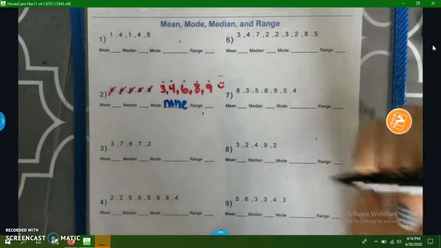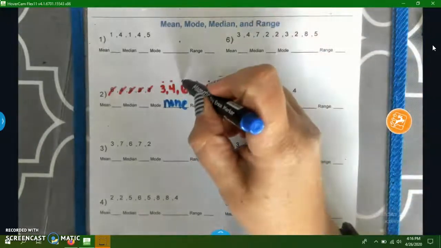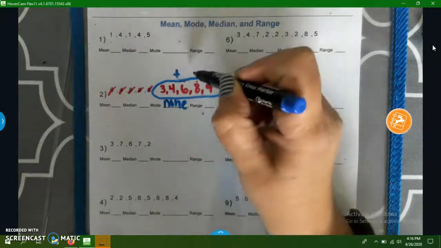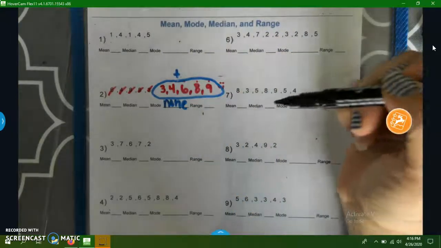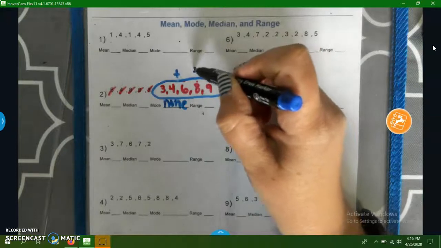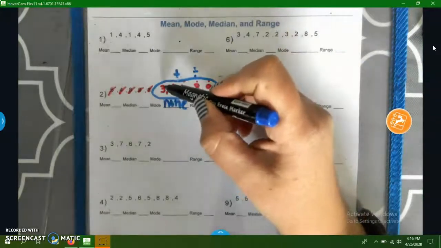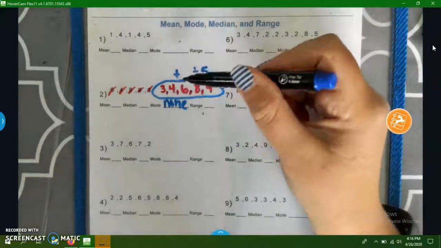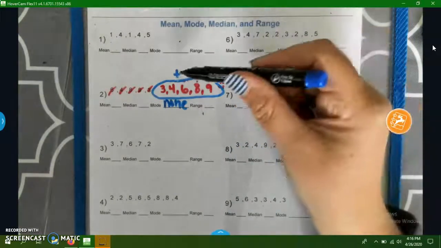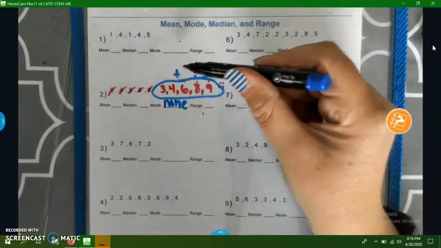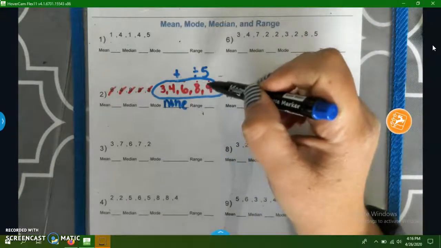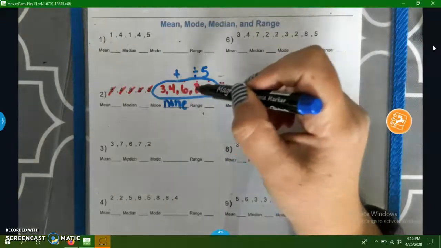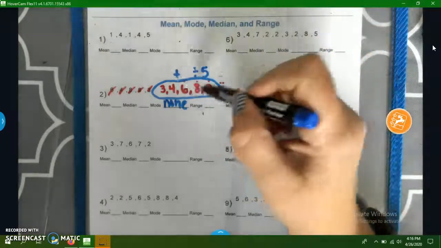Alright, now let's find the mean. We want to take all of this data and add it together. After we get a total, we will divide by however many numbers there are. And again, there's 5 numbers. I believe the total is 30.